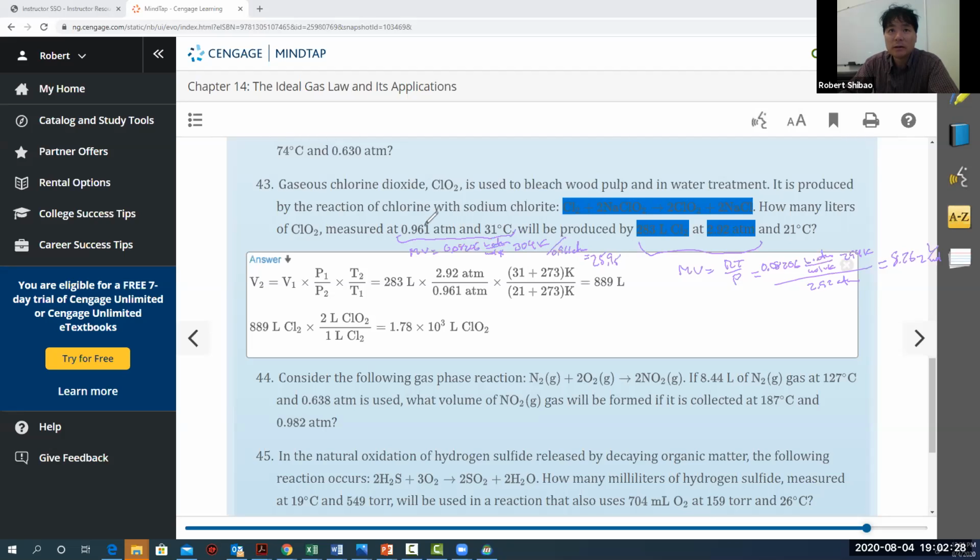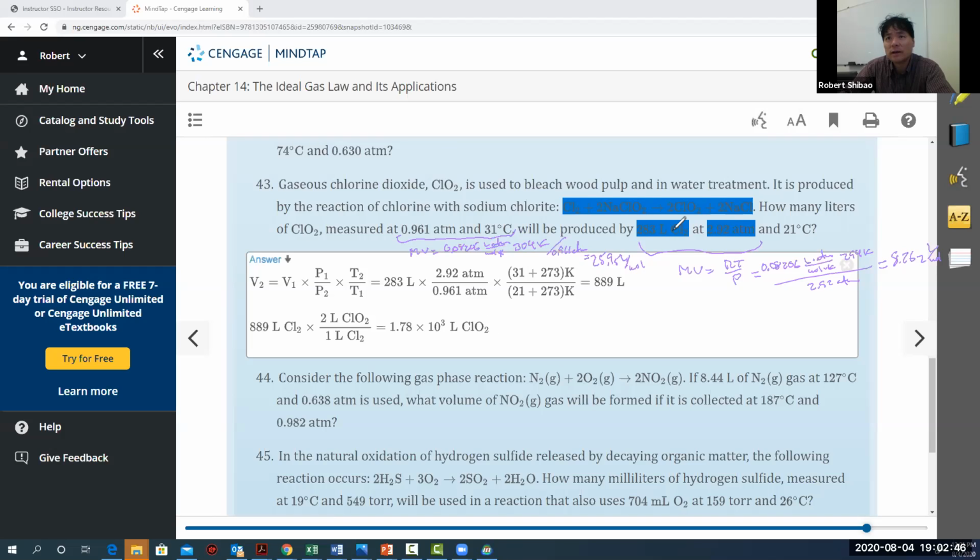This is a little bit bigger than what we expect, with lower pressure and higher temperature. Normal is 24.5 liters per mole.